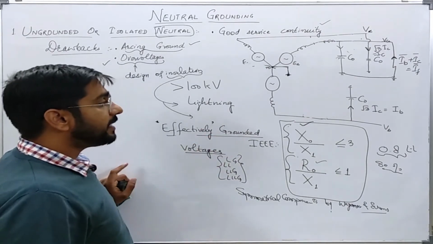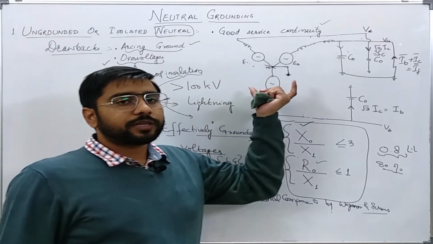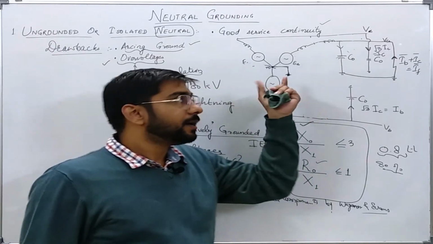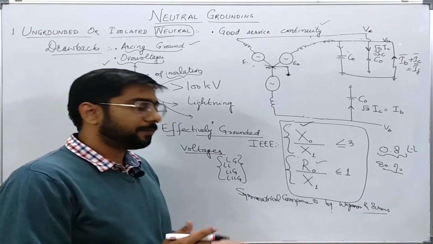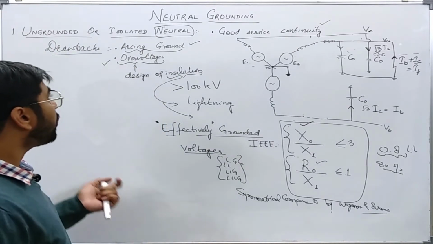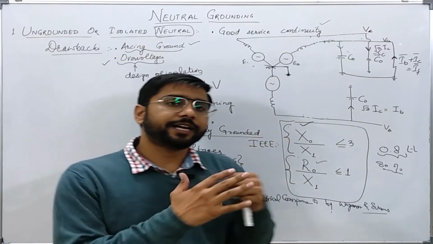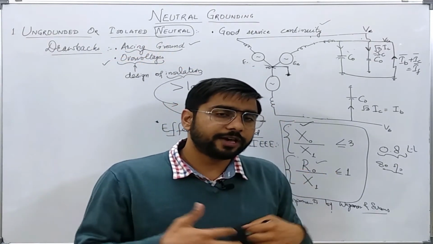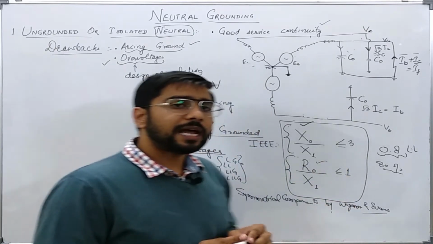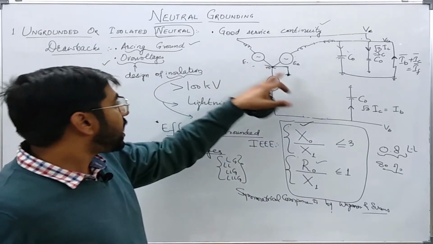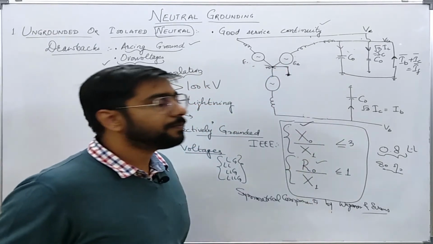In that case also, the voltage for the healthy phases can be very high, similar to an ungrounded system or isolated neutral system. Now for systems which are heavily interconnected, where various meshes and various parallel generations are there, what will happen if we have an effectively grounded or solidly grounded system?